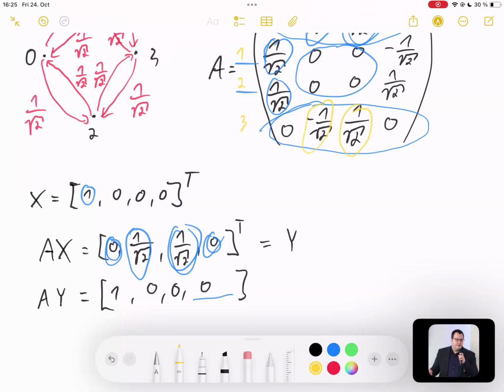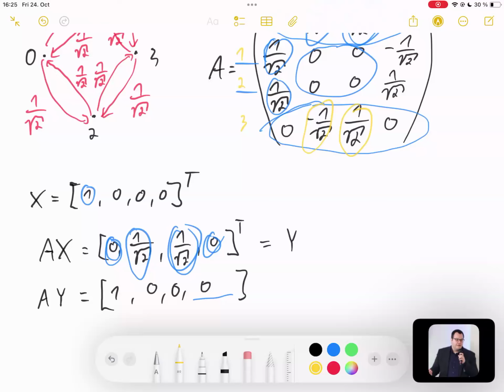So we see this quantum billiard game behaves totally different than our probabilistic billiard game, because in the probabilistic one, we later had this alternation. But here we actually get back to the original state after the second transition.